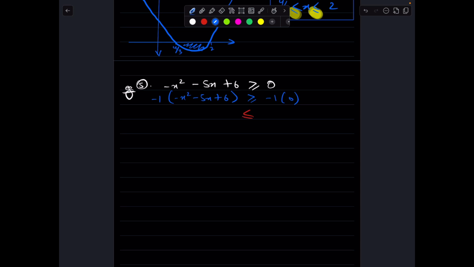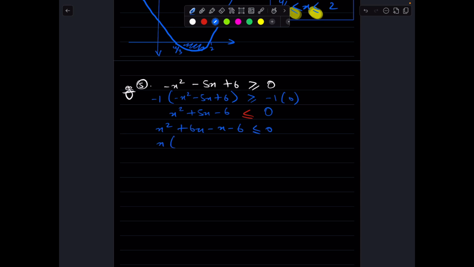and the expression looks something like this. 0 multiplied by minus 1 is 0. So now we'll find the roots as usual. So we'll break the middle term like this.